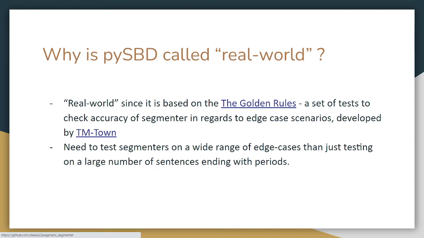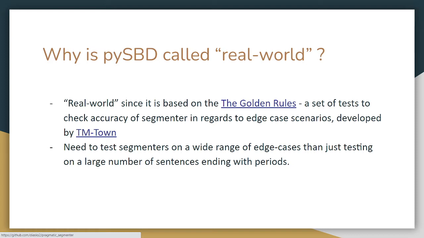As a result, according to the author of Pragmatic Segmenter, most of the segmenters tend to perform well on these datasets because you are training over the same kind of pattern of sentence ending again and again. The edge cases do not seem to be taken into account, and that's what the authors say. A good segmenter should be one which is able to handle different edge cases, and not just correctly split the same kind of sentences again and again a large number of times.